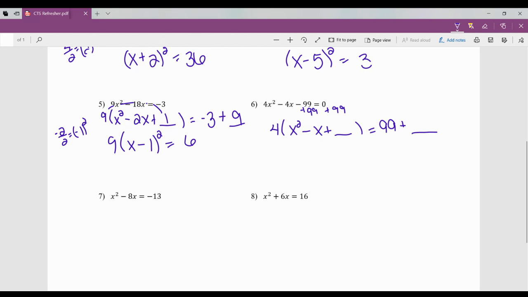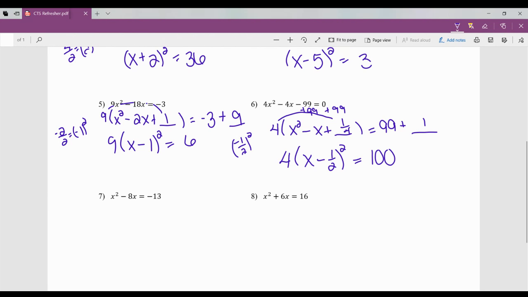And then I take that middle term, which is a negative 1. I'm going to divide it by 2, and then I'm going to square it. So it's going to be plus 1/4. I didn't add 1/4. I added 1, technically. So this is going to be 4 times x minus 1/2 squared equals 100.